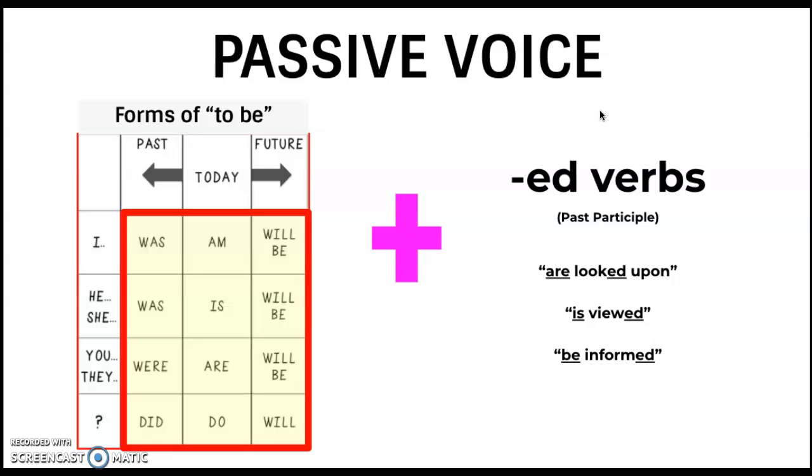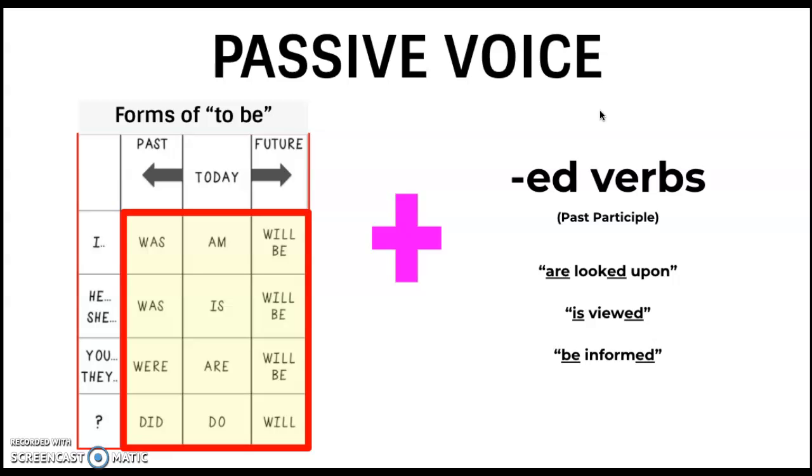So was, am, will be, right? These are all forms of to be: for I, he, she, singular, was, is, will be; for you, they, plural, were, are, will be; and did, do, will. When you combine that with a past tense verb, that creates passive voice.